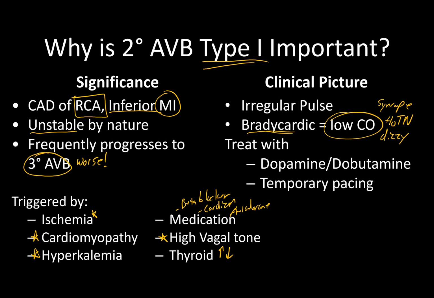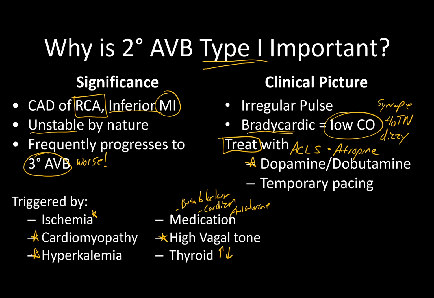So treatment. Let's talk about what you can do to help these folks if they do come across. You just follow your ACLS. And so you're actually going to start out with atropine. If that winds up helping, awesome. Dopamine, dobutamine is probably your next best bet to help maintain things.